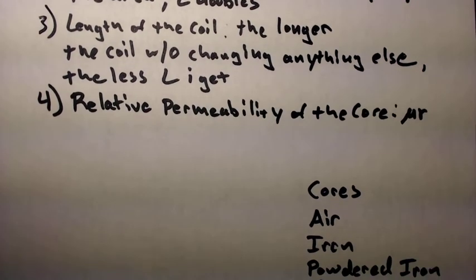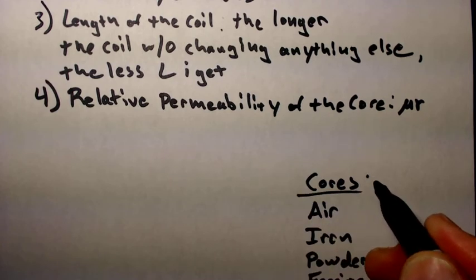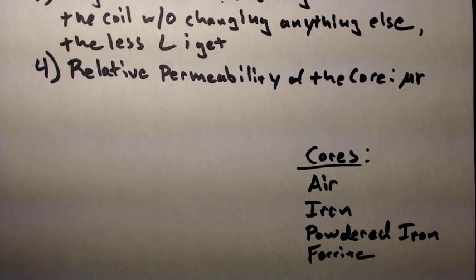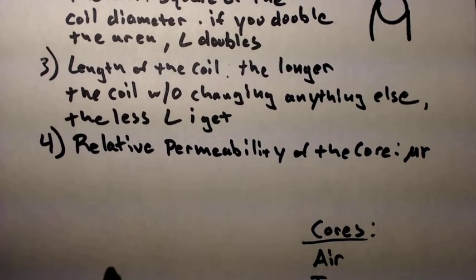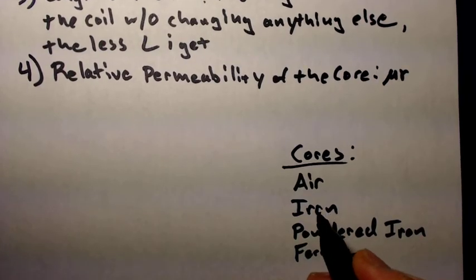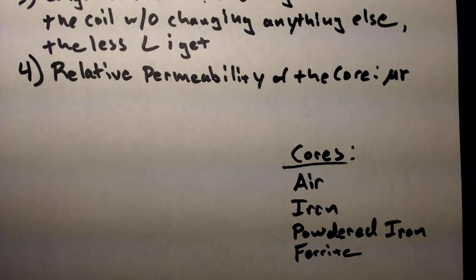Okay, now associated with each one of those different cores is some ability to concentrate magnetic fields. Now, with this means air to iron. Iron has more of an ability to concentrate magnetic field lines, so iron has a higher mu sub r.